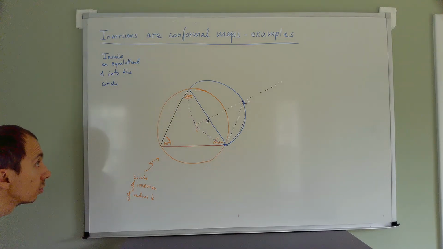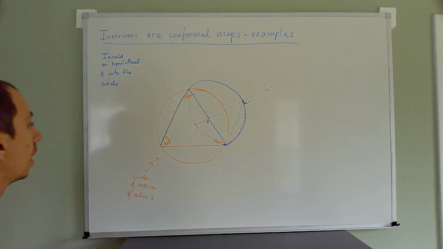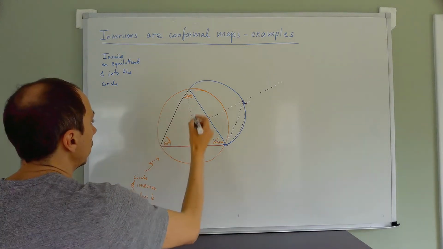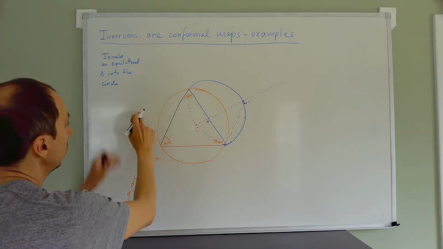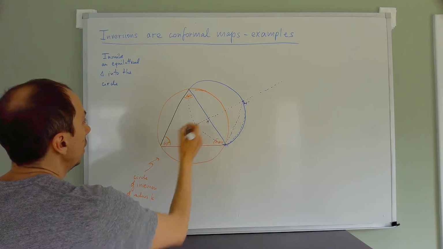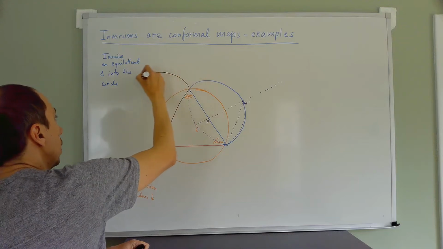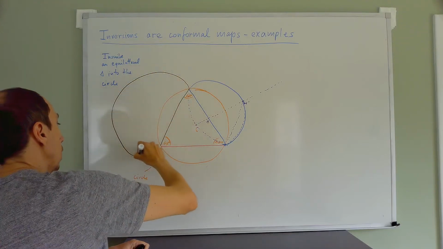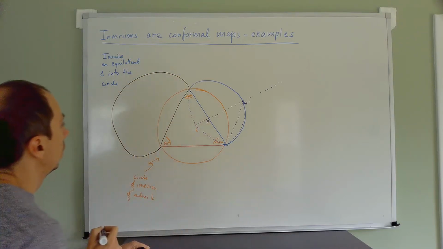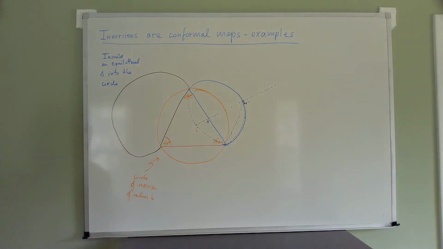So let's see what happens to the black line segment. It's the same thing, right? I would construct again something similar, and then I would get a circle that goes through C out here. Again, doesn't look so good.